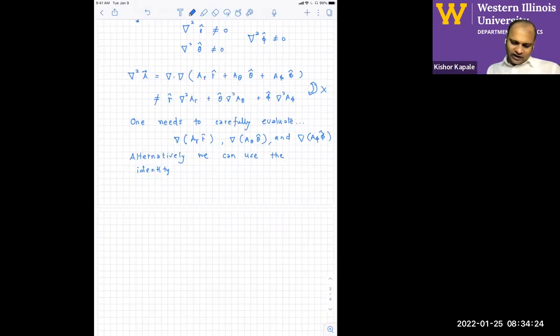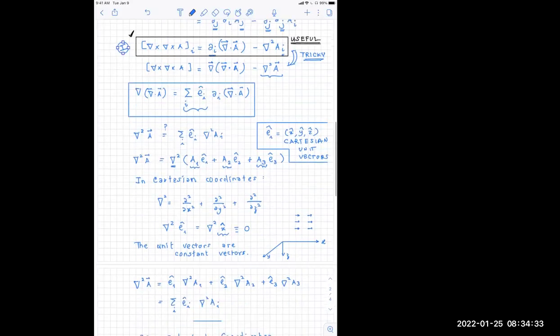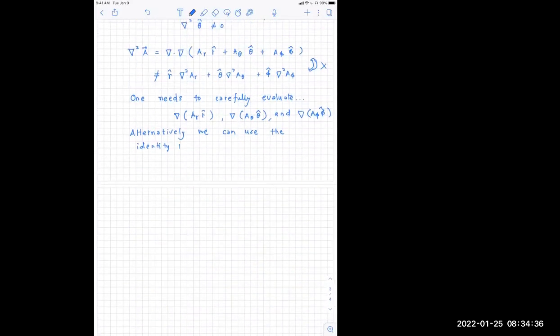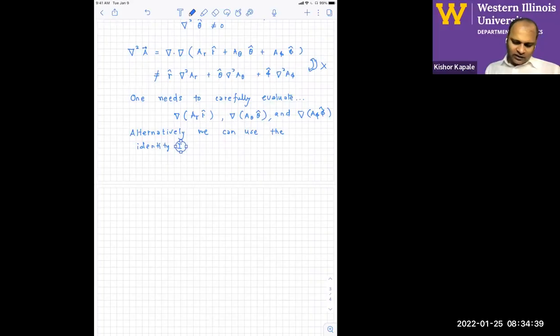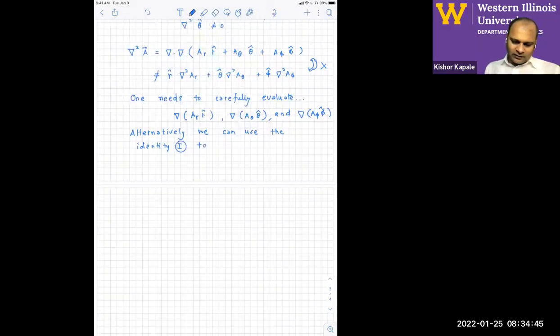So alternatively, we can use the identity, and let me label it identity I, that we just saw earlier, to define the components of del squared A. Okay.